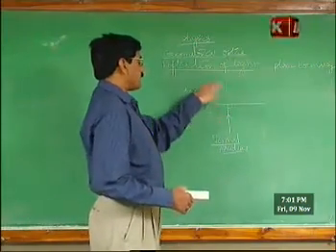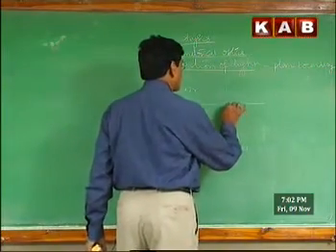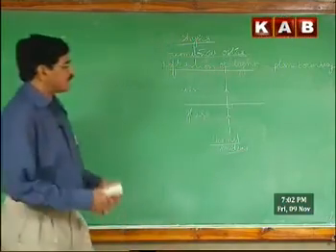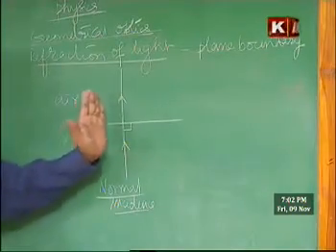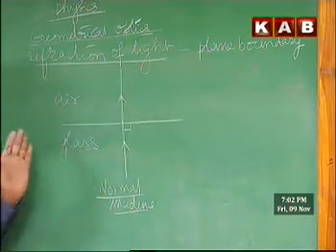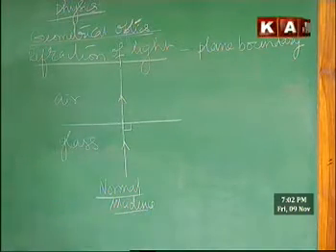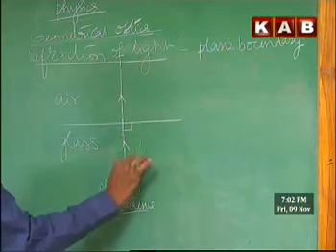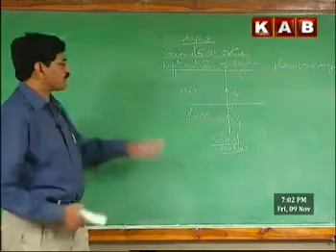Since it is a transparent medium, the ray continues to go without any deviation. Will there be any changes the light ray undergoes? There is no change in the direction of the light ray, but the magnitude of the velocity of light will be changed. That is, velocity in glass is Vg, velocity in air is Va, and the magnitudes are different.